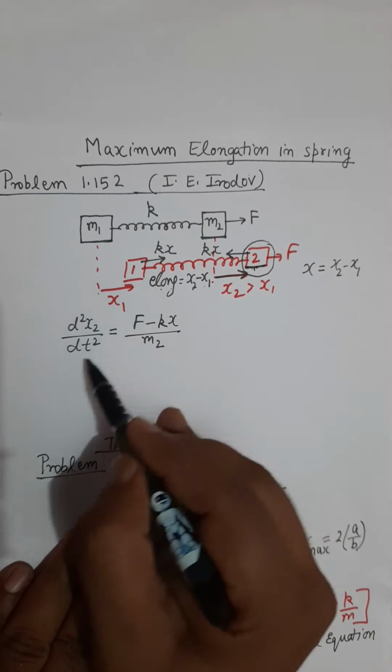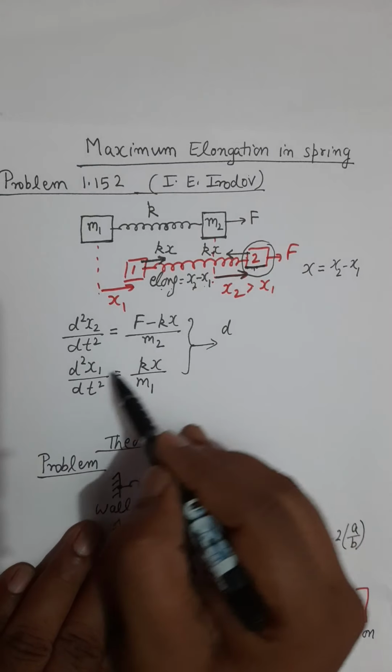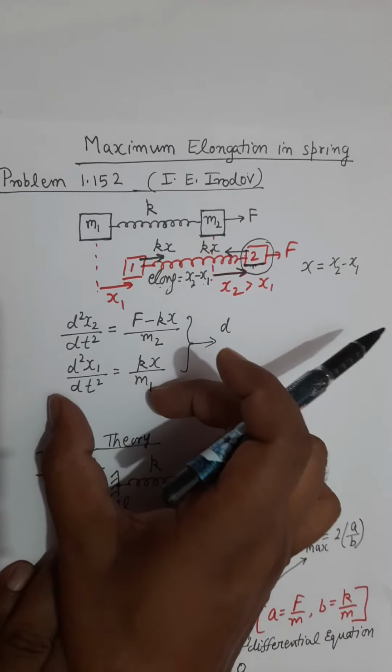If you subtract the second equation from the first equation, on the left hand side you get d2 over dt2 of x2 minus x1, and on the right hand side you get f over m2 minus k times 1 over m2 plus 1 over m1 times x.